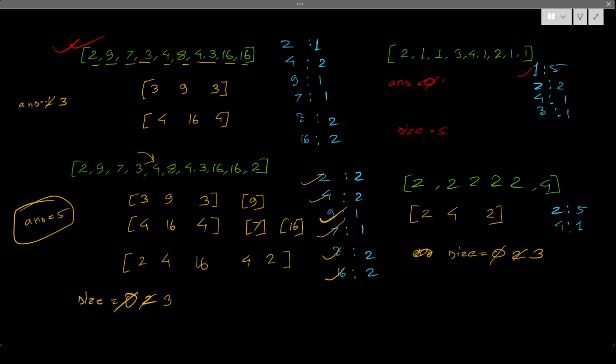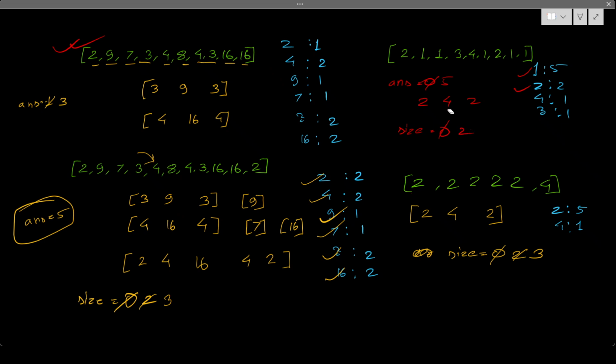Okay, the answer updates to 5. Simple. Then check 2: is 2 present twice or not? Yes, 2 is present twice. Is 2 squared present? Yes, 4 is present as well. So size initialized with 0 becomes 2.